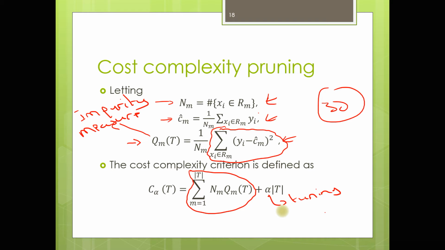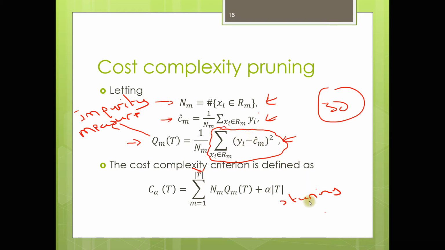Alpha is a tuning parameter which controls the trade-off between the subtree T's complexity and its fit to the training set, to the training data.